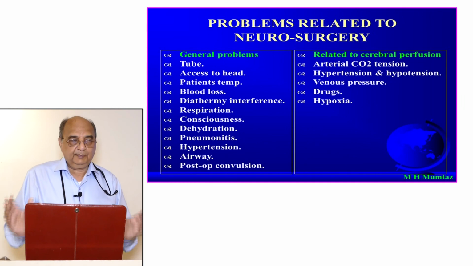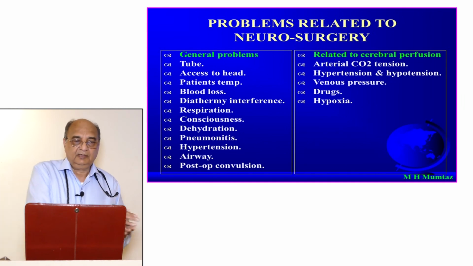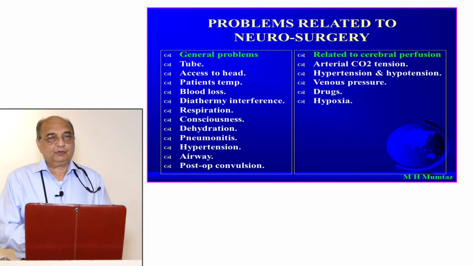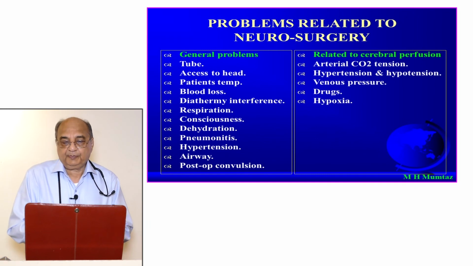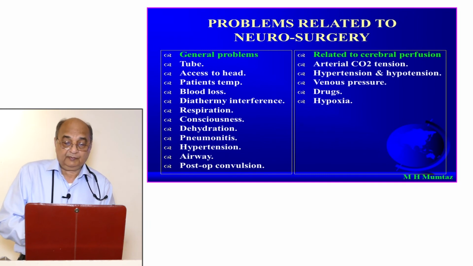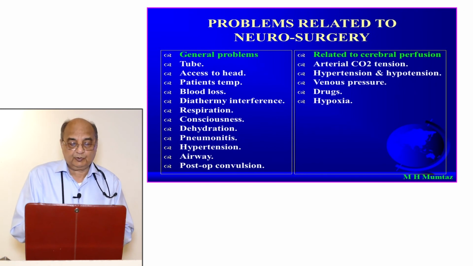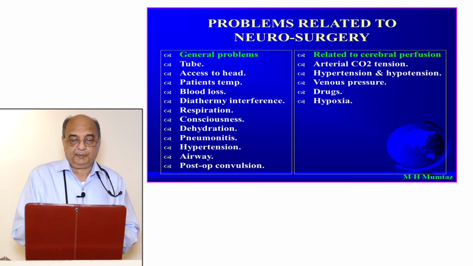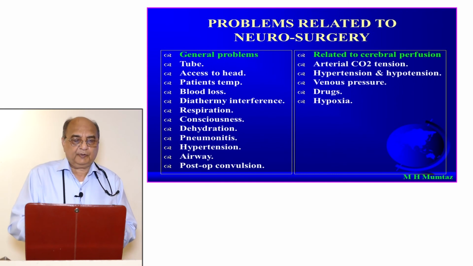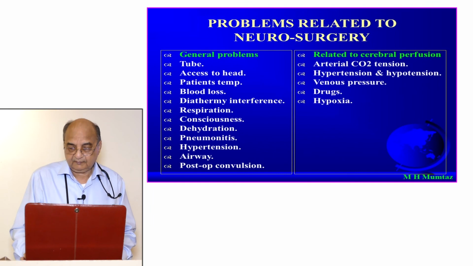So we have to keep the arterial blood a little bit on the respiratory alkalosis side. Now hypertension and hypotension, then central venous pressure, then the drugs which you're using, and then avoid hypoxia. So these are the problems which we keep in our mind when we are dealing with patients.